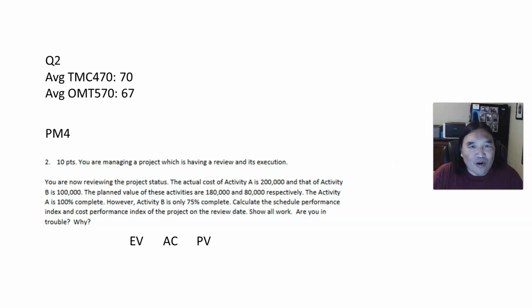Now, PM4, we're into this idea of earned value. The toughest thing about it is not to get confused and to understand what each thing means. There are basically only three elements: earned value, actual cost, and planned value. Planned value means how much I planned on spending at that point.